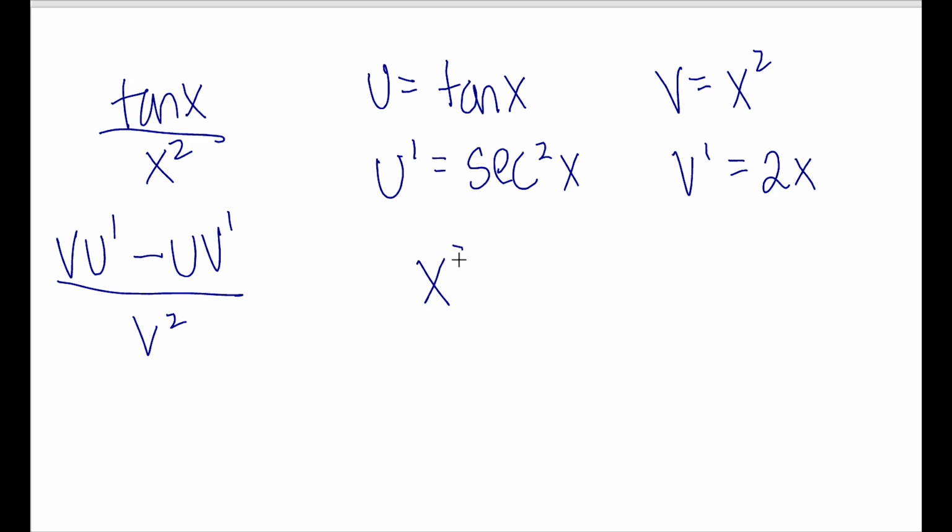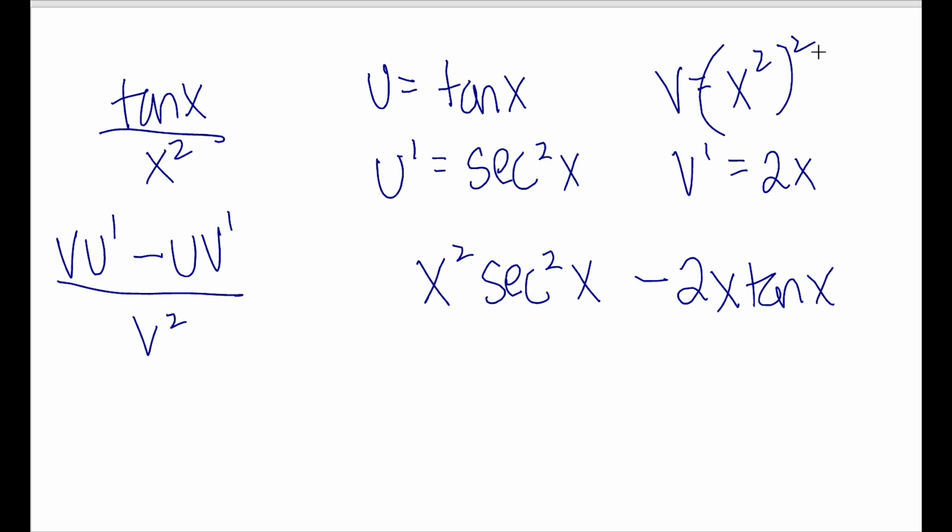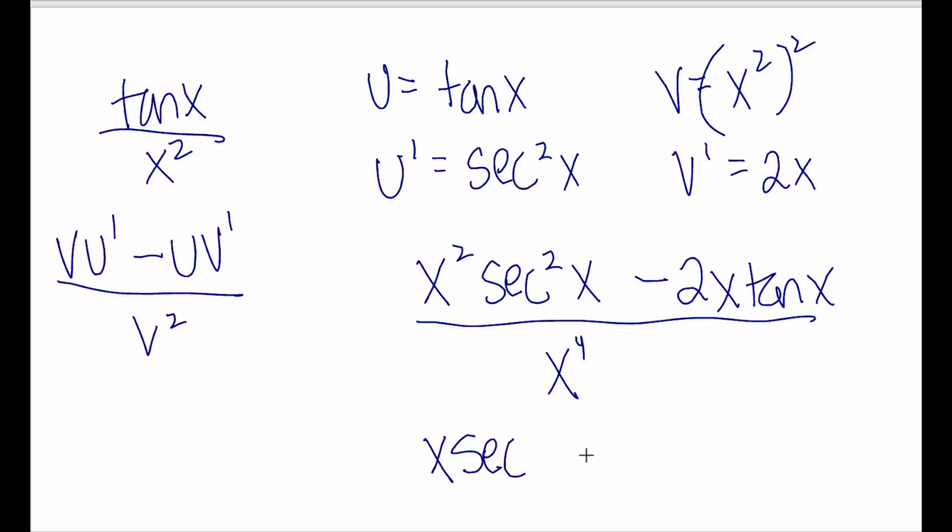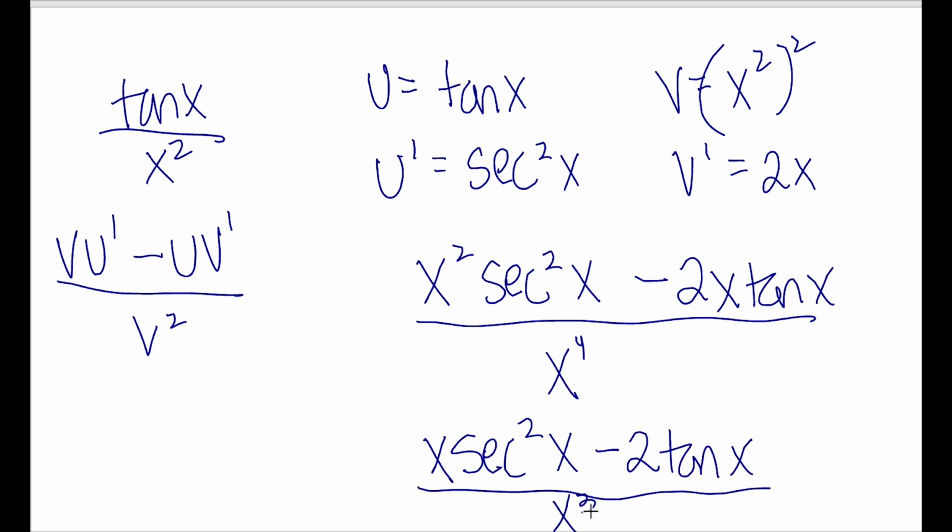So x squared secant squared x minus 2x tan x over x squared squared, or x to the 4th. Now you can simplify further since both terms have an x. X secant squared x minus 2 tan x all over x cubed.